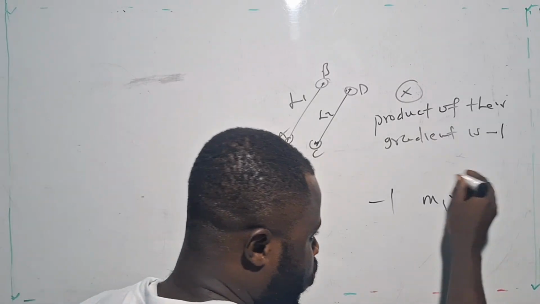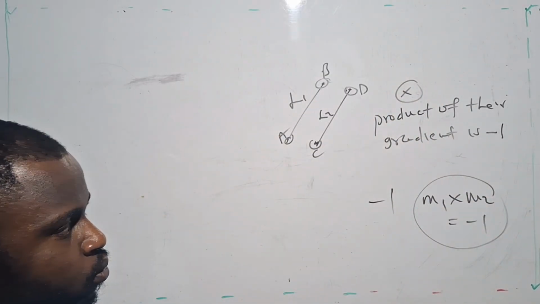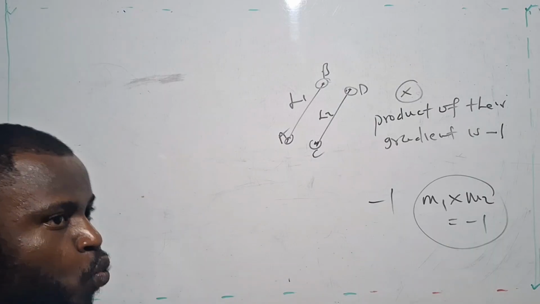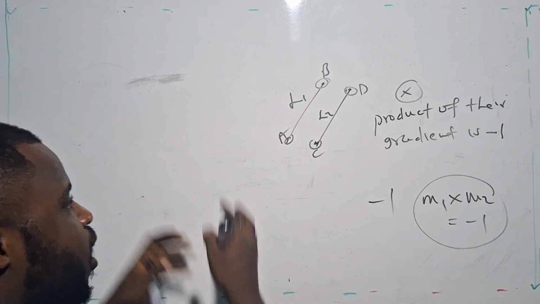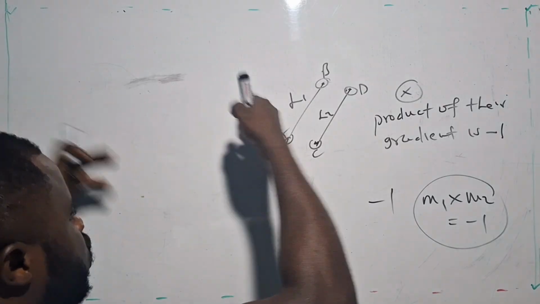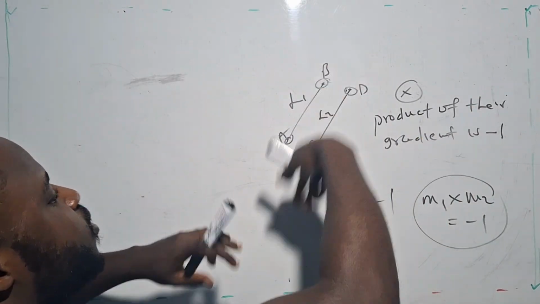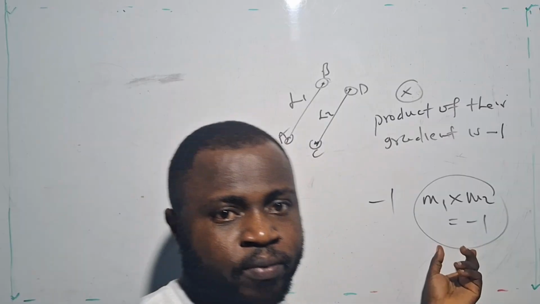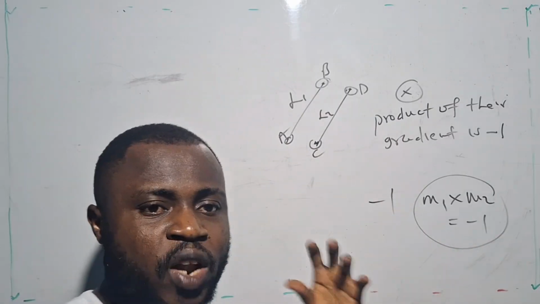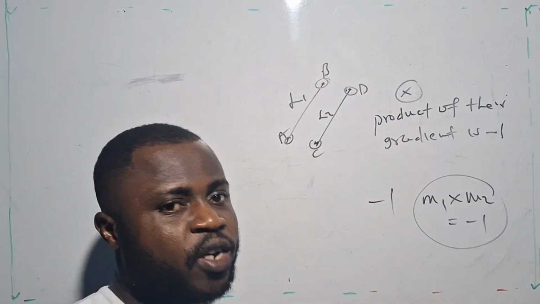So anytime you solve, given four points, we calculate the gradient of each pair, like A, B, C, D. If you multiply their gradients and you get -1, then it means these two lines are perpendicular to each other.